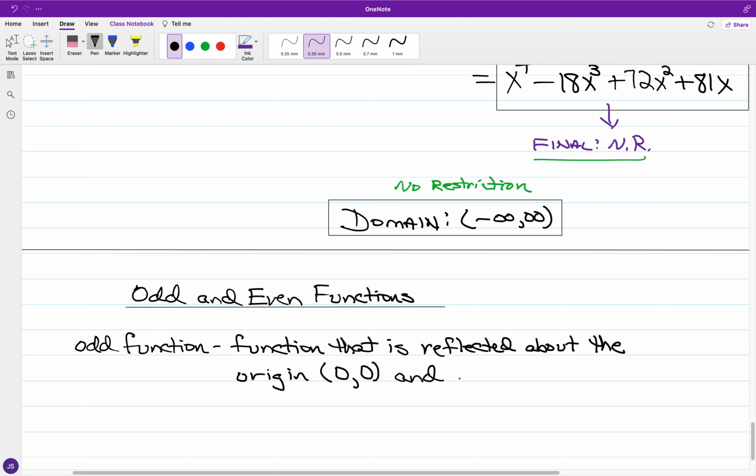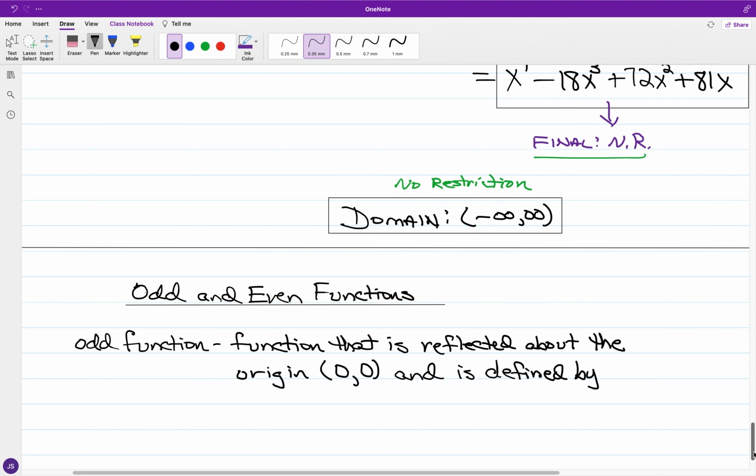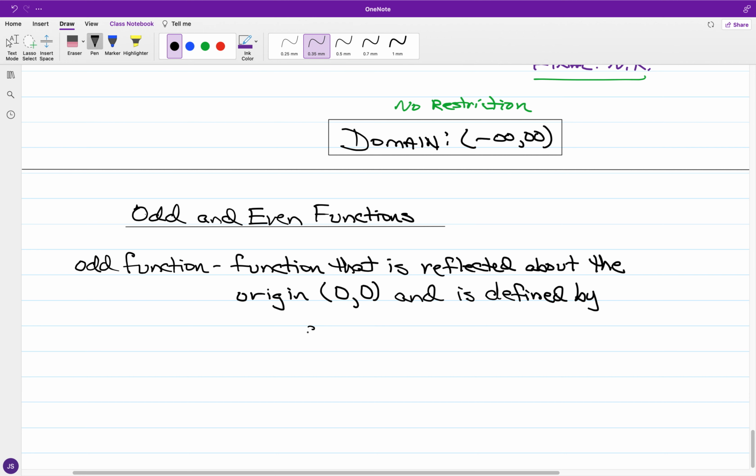And it is going to be defined by the following relation. Okay, and this is going to be where we have f of negative x is equal to the negative of f of x.